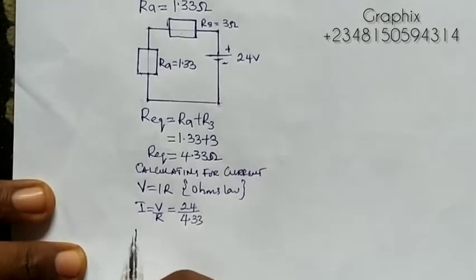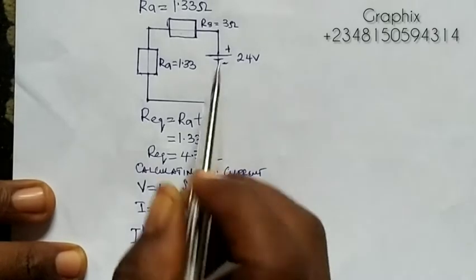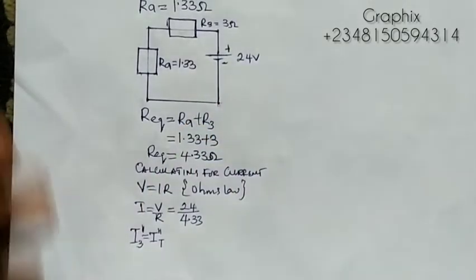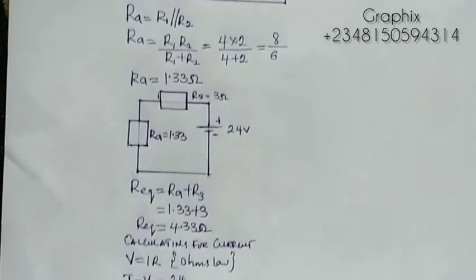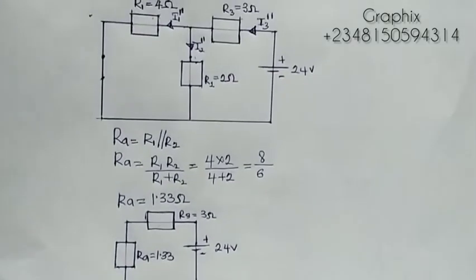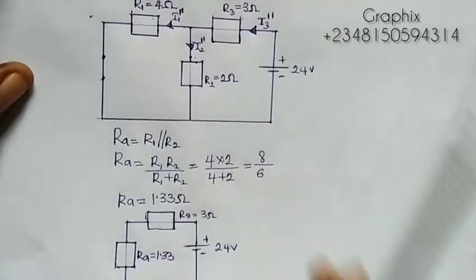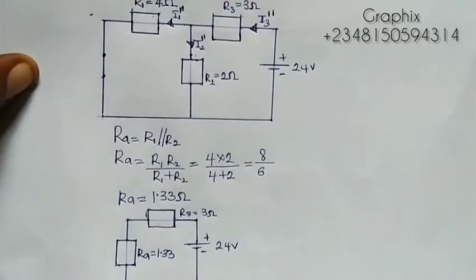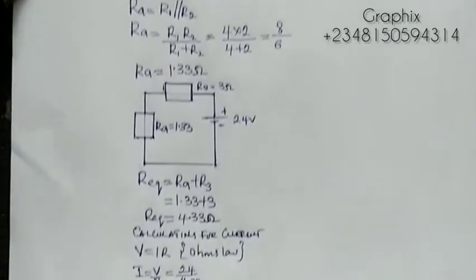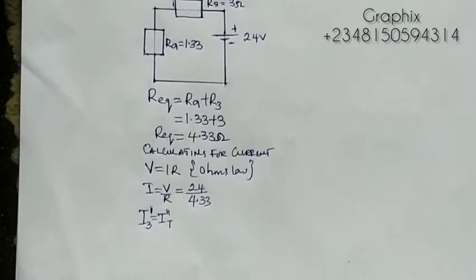So my I3, which is the same thing as the I total prime prime, so I3 prime prime. Because if you look at our circuit very well here, the current that this 24 volts is producing is I3 prime prime. And that is the I total of that circuit.